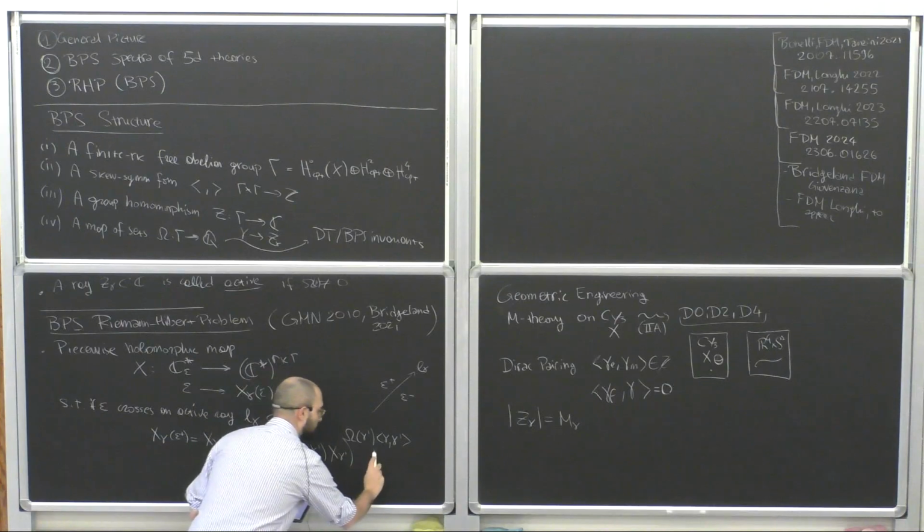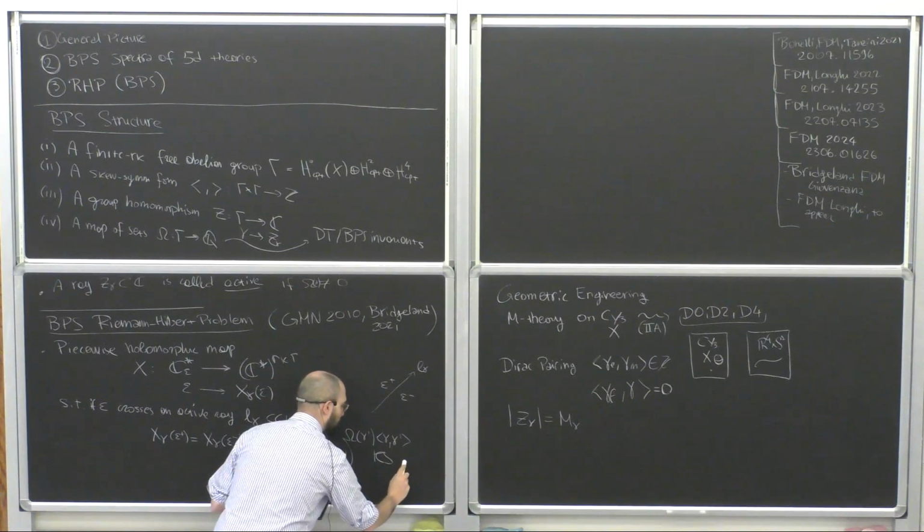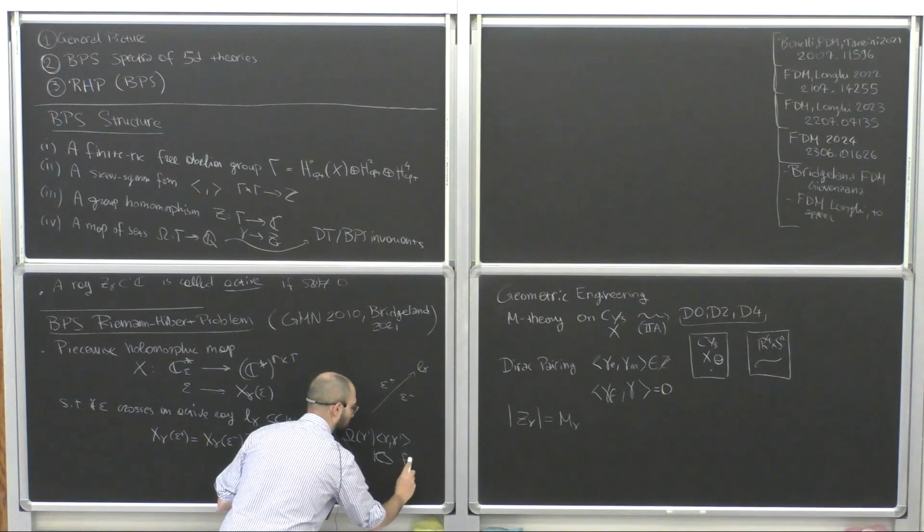And this is called the Kontsevich-Soibelman formula, let's say.